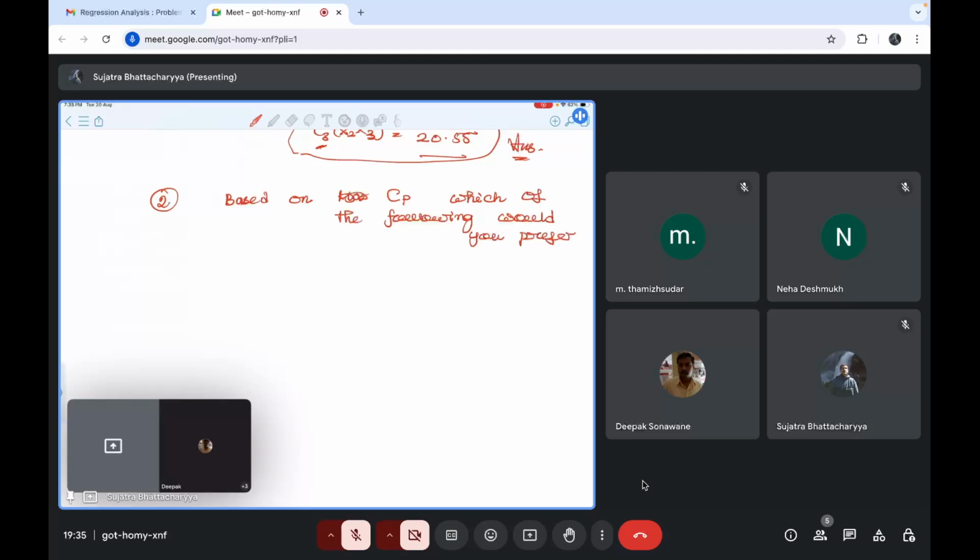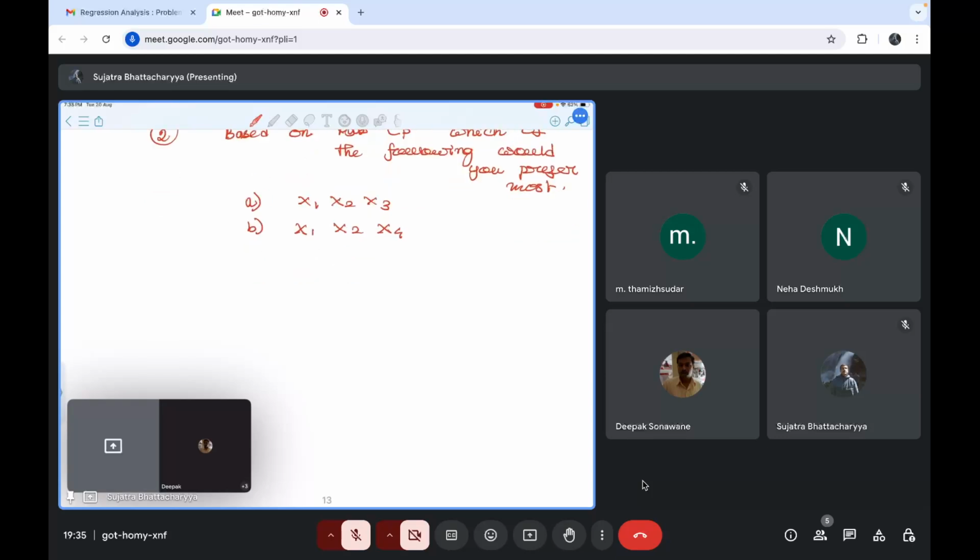Okay. Which of the following you will prefer most? So I will give some cases. A is x1, x2, x3, will you prefer that, or x1, x2, x4, or x1, x3, x4, or x2, x3, x4? Out of these, which one you will prefer the most?